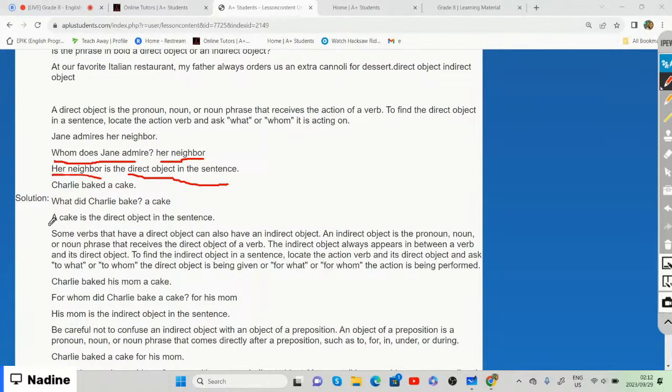Also, some verbs that have a direct object can also have an indirect object.